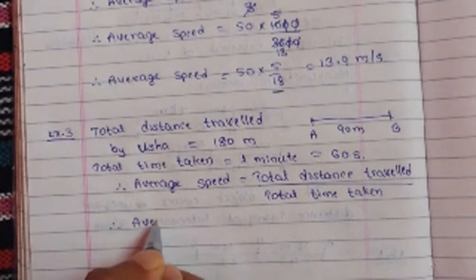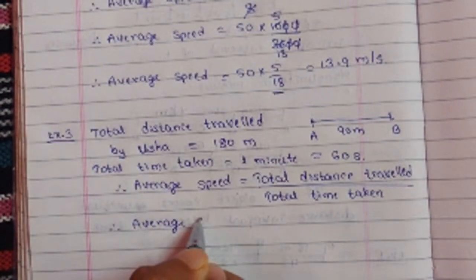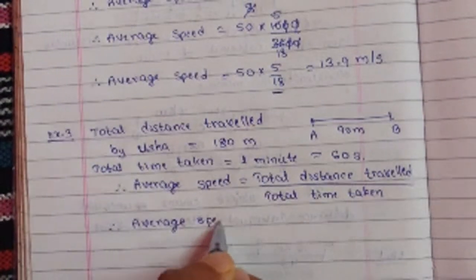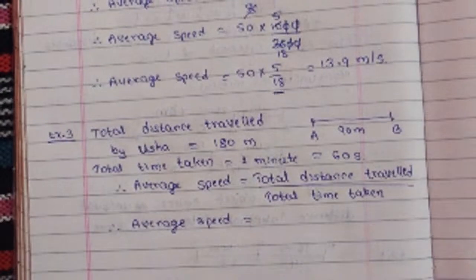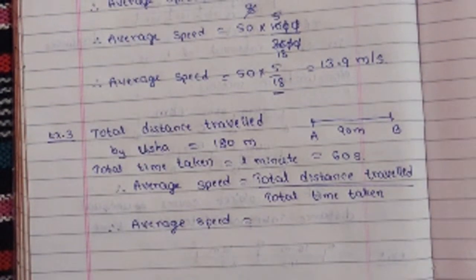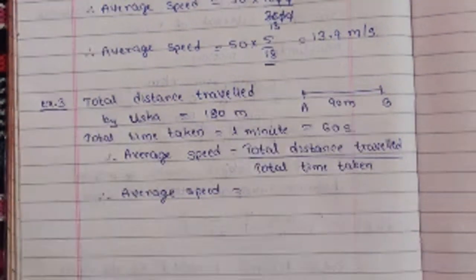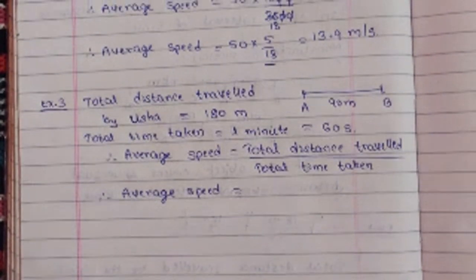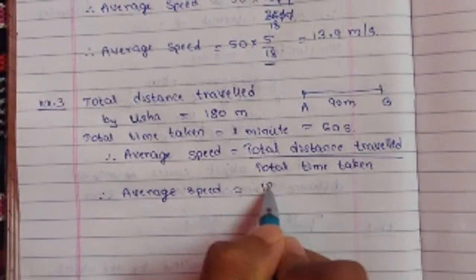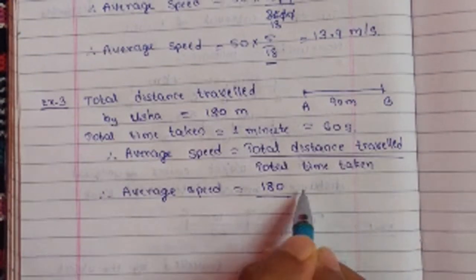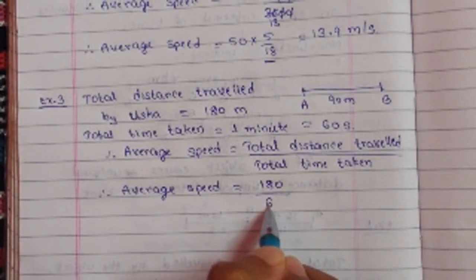Therefore, average speed. Just substitute the values in the expression and comment me the answer. Your total distance traveled is how much? 180 meter, and total time taken is how much? 60 seconds.